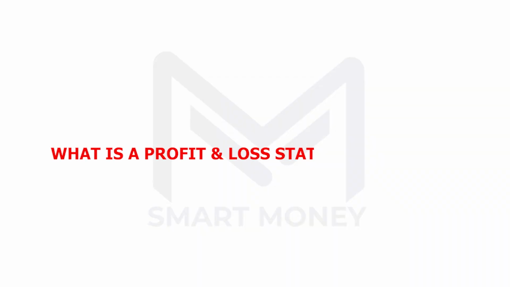Now let's have a look at what a profit and loss statement is. A profit and loss statement, also known as an income statement, is simply a report showing how much your business earned, spent, and kept over a period of time. Think of it as a snapshot of your business performance.